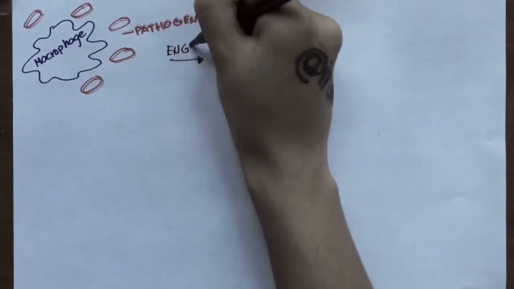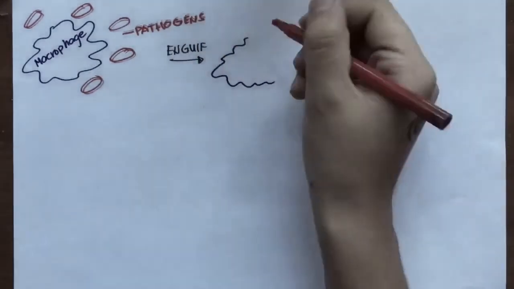The humoral immunity response begins similarly to the cell-mediated immune response. A pathogen enters the bloodstream and the macrophage that encounters it engulfs it through endocytosis in the endocytic vesicle, where it is digested using enzymes.